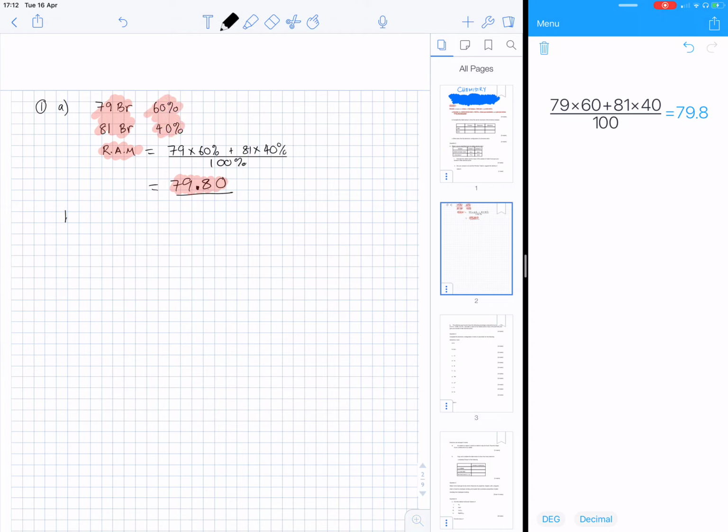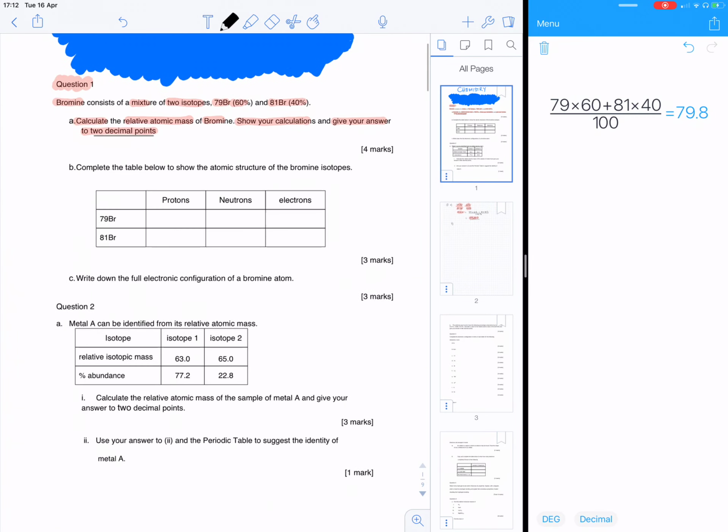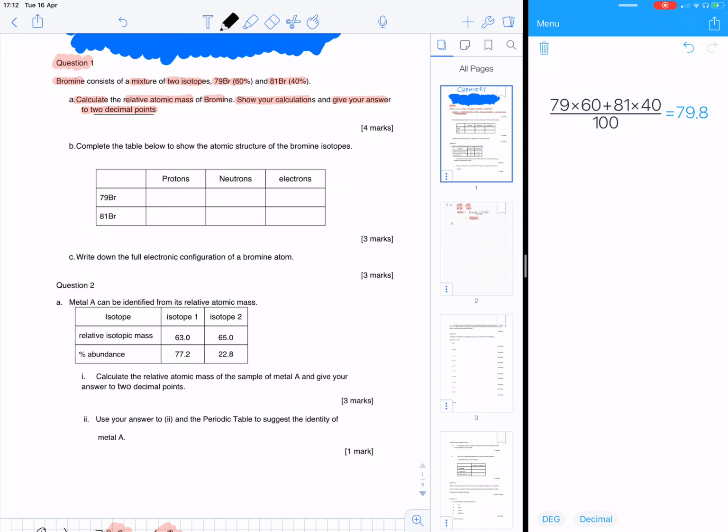Now let's look at part B. So part B says, complete the table below to show the atomic structure of the bromine isotopes. So I'm just going to draw over this table, and then I'll copy the table.